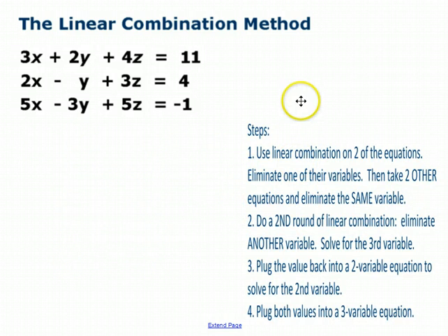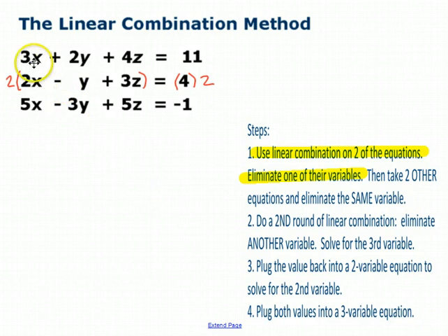Here's the textbook's words for this same system and the linear combination method. And here's step one. You're going to use the linear combination on two of the equations to eliminate one of the variables. So let's say that what you wanted to do was focus on the top two equations, and you wanted to find a way to cancel the y's.